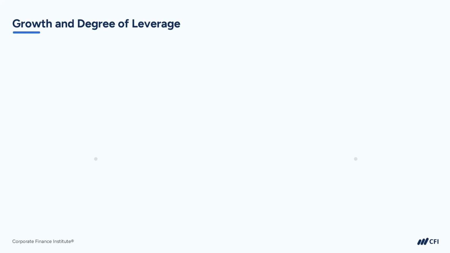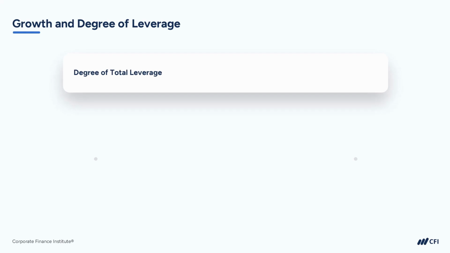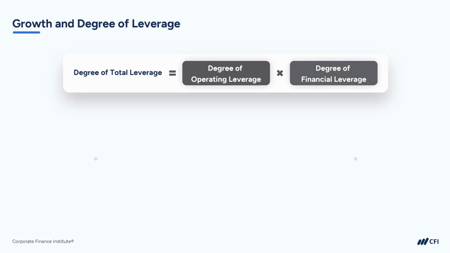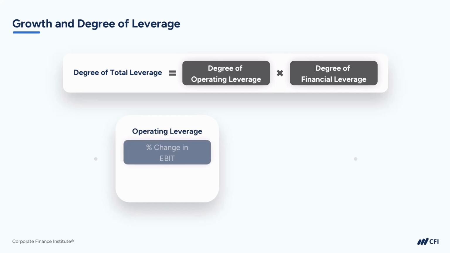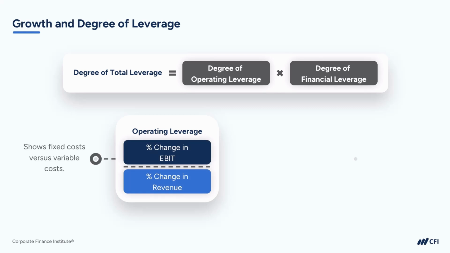When we talk about degree of leverage, we're talking about an equation, which is the degree of total leverage, which equals the degree of operating leverage times the degree of financial leverage. So let's start with operating leverage. Operating leverage, which is the change in EBIT compared to the change in revenues, is really a story of fixed versus variable costs.